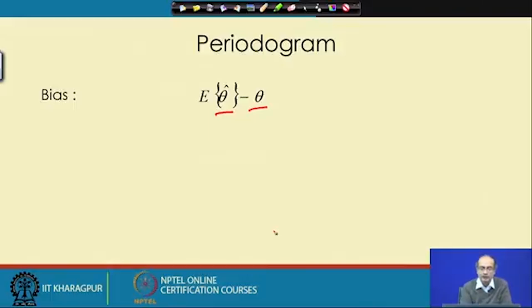So, the difference of expected value of theta hat minus the true value gives us the bias. That means, the mean of the estimates, how far it is from the true value, this is called the bias.